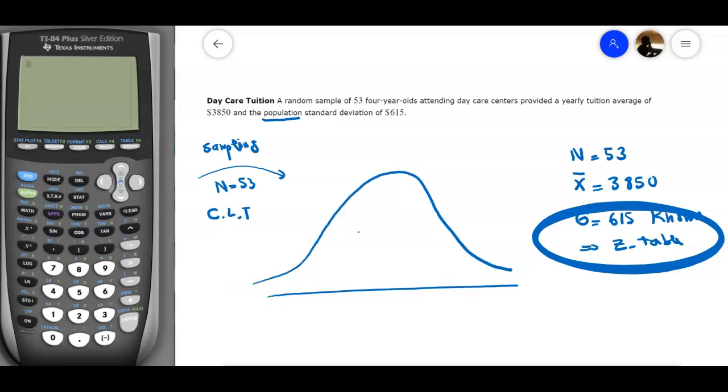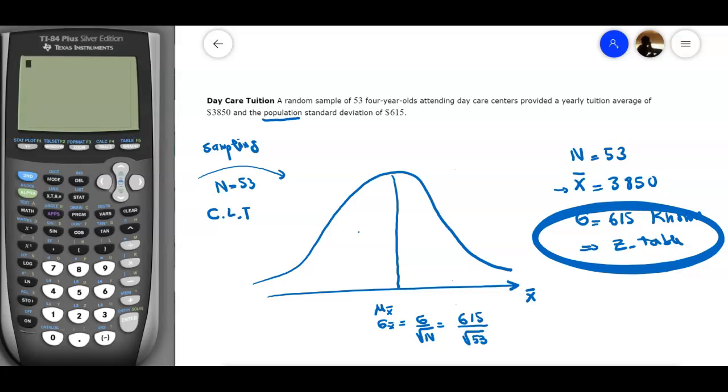This normal distribution is going to have a new mean, which is called mu x bar, and we're going to have the sigma x bar. The sigma x bar is going to be the old sigma divided by radical n. So my sigma here is going to be 615 divided by radical 53. So I need this number.